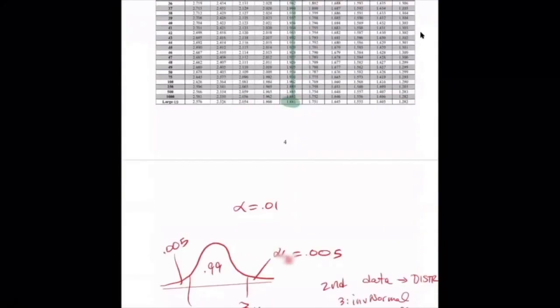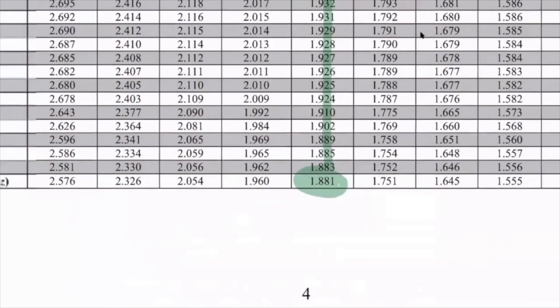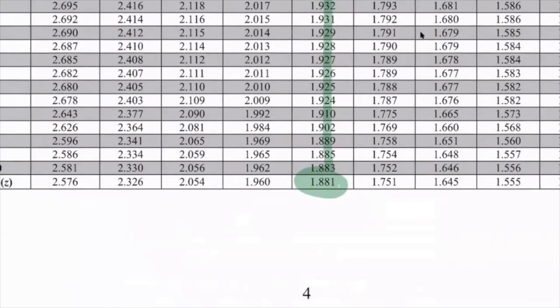Make sure you got that. One tail, 0.03, looks like 1.88. That's the number of standard errors for statistical significance. Any questions?